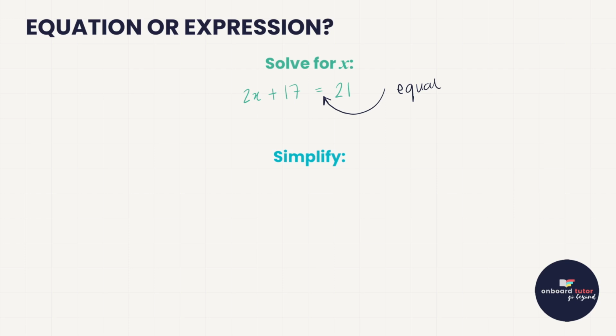On the other hand, if we are asked to simplify, then we will be given something like 2x plus 17 minus 21, and we would gather our like terms, and we could then say this is 2x minus 4. So 2 different types of algebra, equations and expressions.